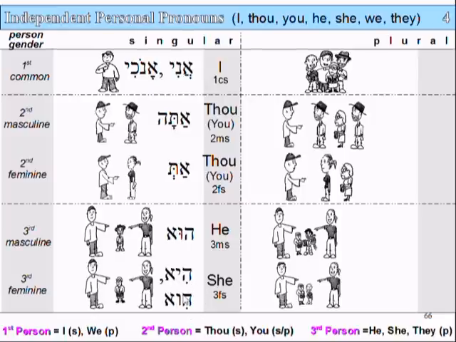Now in the first 5 books of Moses, or Genesis, Exodus, Leviticus, Numbers, and Deuteronomy, the word for she is spelt with a vav. So it looks very similar to the word for he, which is the word who.